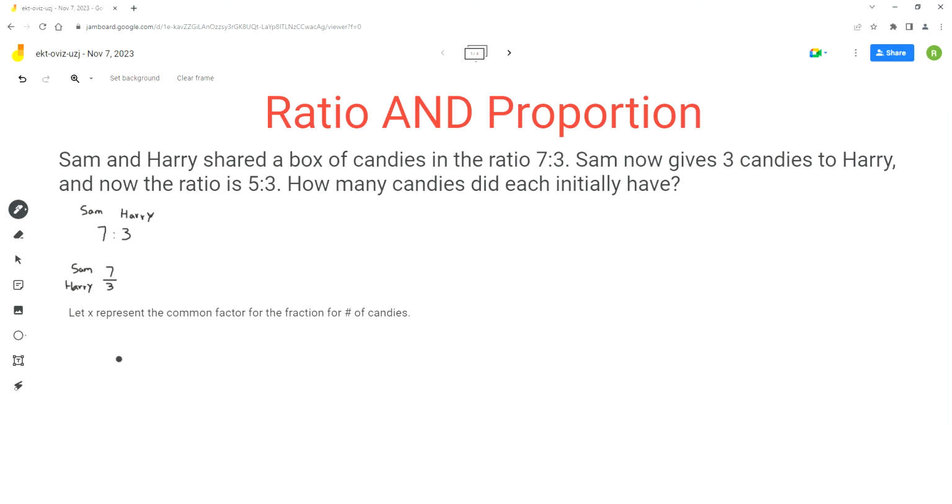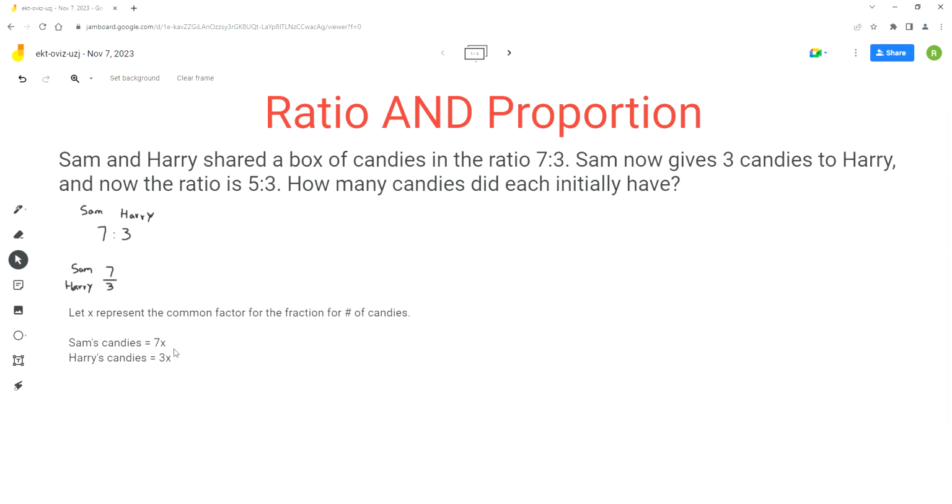That makes the number of candies that Sam owns, so I'll just add it to here. Sam's candies are equal to 7x and Harry's candies equals 3x. So now these represent the number of candies owned initially by Sam and Harry.